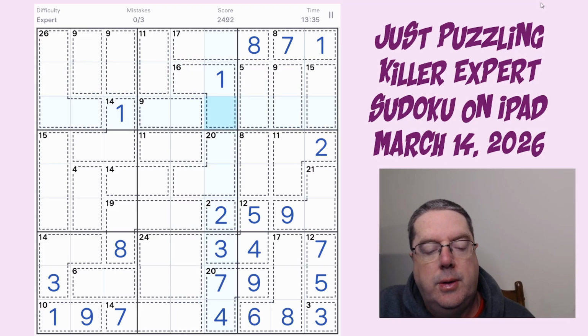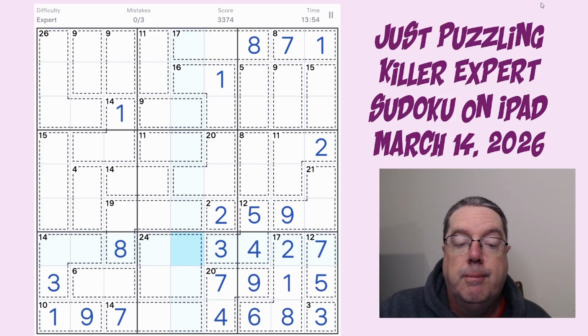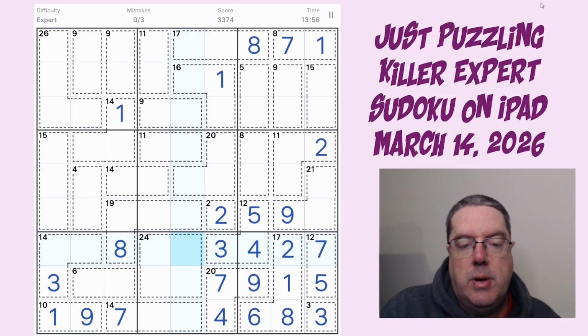So is 9 and 6. 9 and 1, 3, 5 and 6 there. 6, 1 and 2. Actually, I know that's a 2 there. So that can't be a 2, so that's a 1, leaving this to be a 2 here. And I kept saying that was 9 and 1. Really thinking. Alright, so 7 and 1 there.